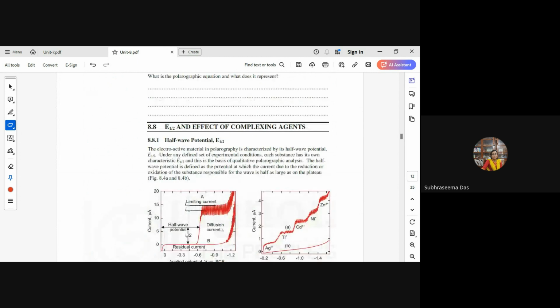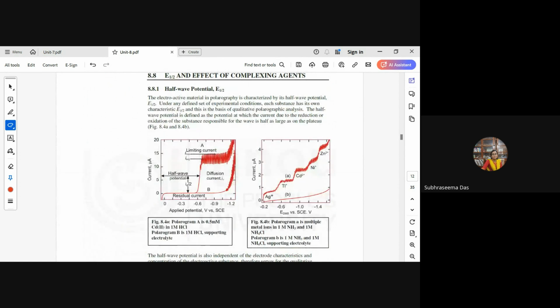Now coming to E half and its effect on various complexing agents. E half is generally called the half wave potential. The electroactive material in polarography is particularly characterized by E half. Under any set of conditions, each substance has its characteristic E half, which is the basis for various analyses.